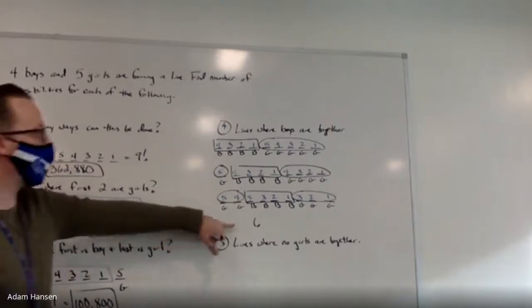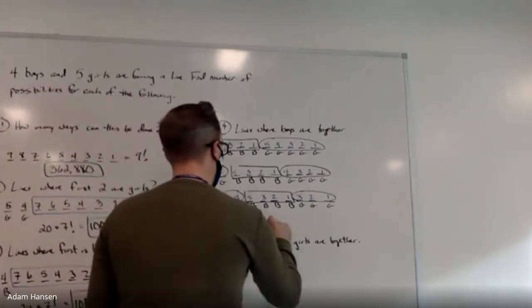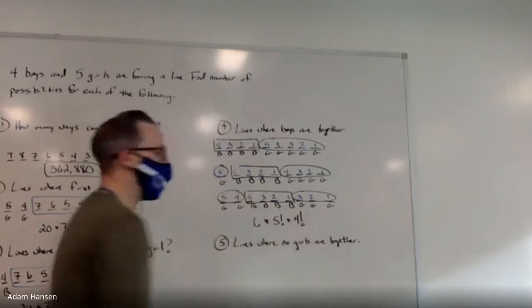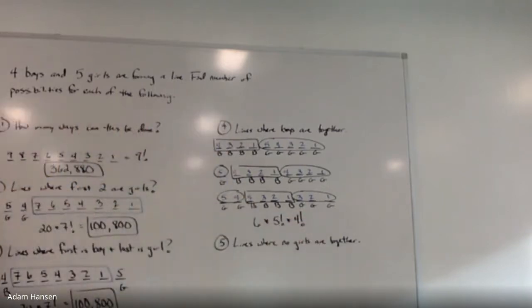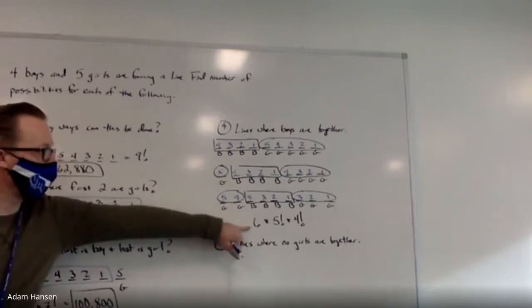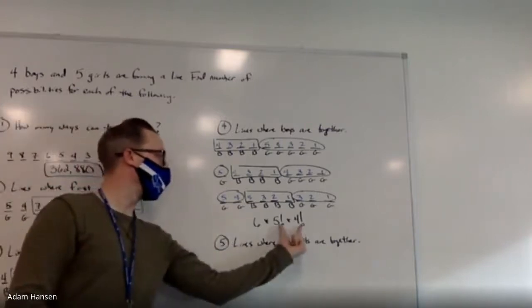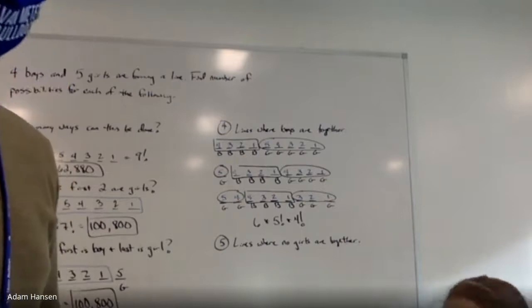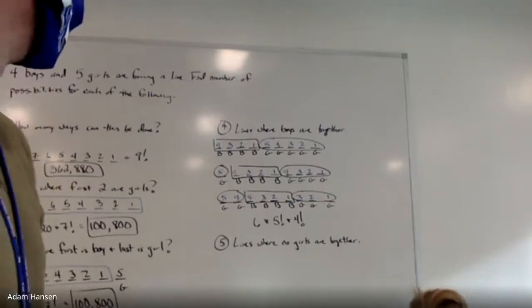There's 6 total lines possible times 5 factorial and 4 factorial. The first 6 tells you how many lines are possible. The 2 factorials tell you how many different ways there are to arrange the boys and girls in each of those 6 lines. Does that sound right? How do we know it's 6 without counting them out?